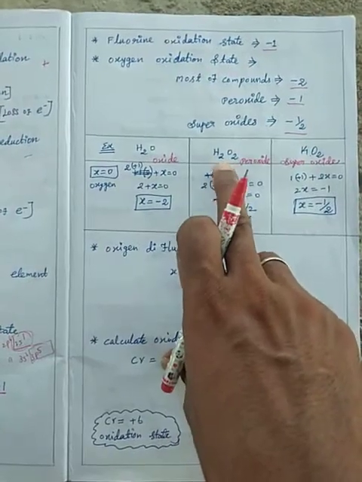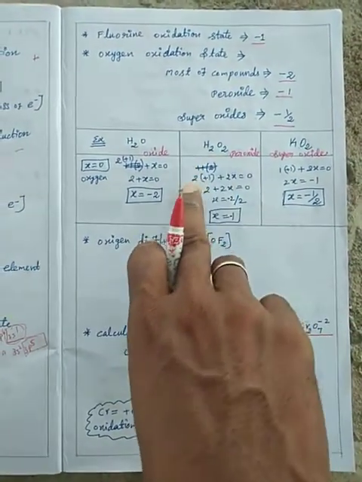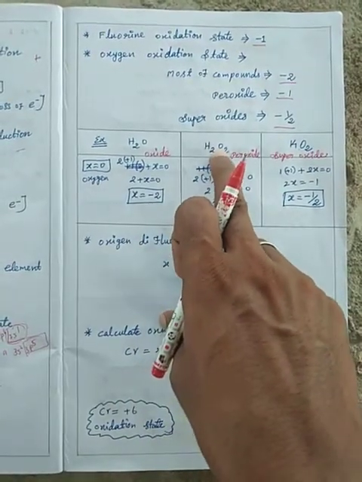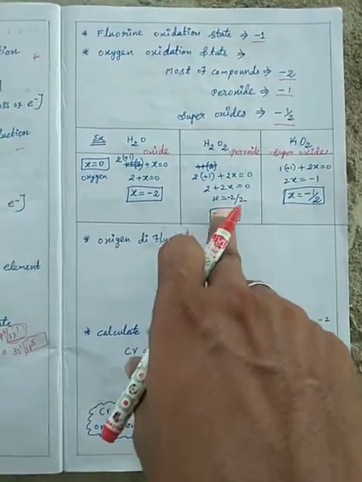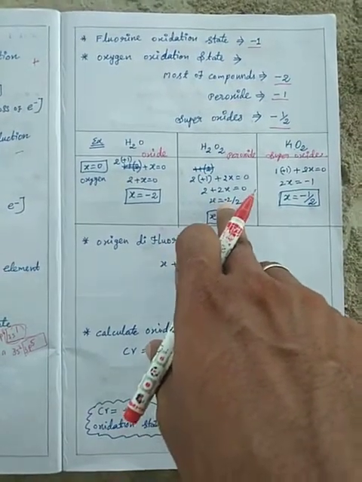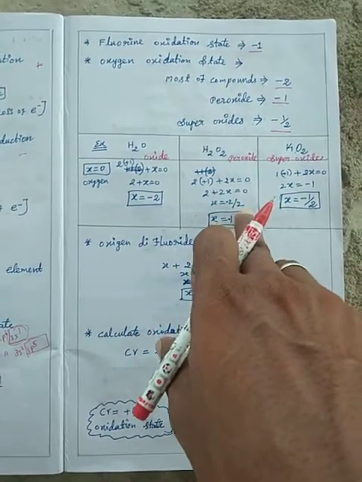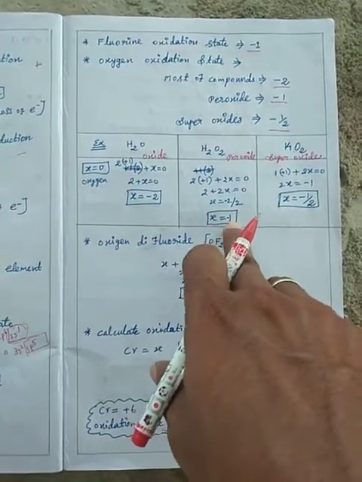Hydrogen peroxide, H2O2: 2 times +1, plus 2 times the oxygen atom, 2X, equals 0. So 2 plus 2X equals 0, 2X equals -2, so X equals -1.